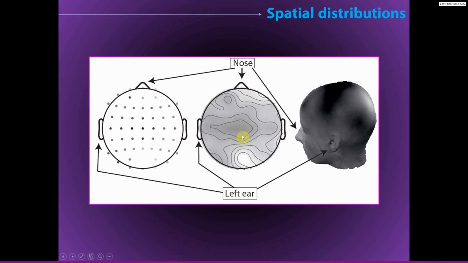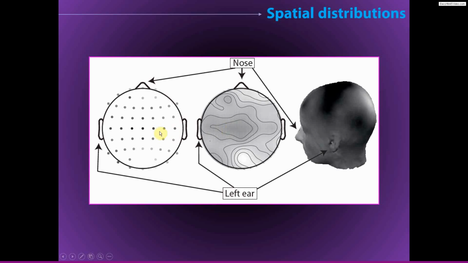So by far the most typical way to analyze or to illustrate the spatial distribution of EEG data is with these interpolated two-dimensional topographical maps. And in a few minutes, we'll switch to MATLAB and I will show you how to make these topographical maps. But the idea is that we don't actually record any data from this point here.